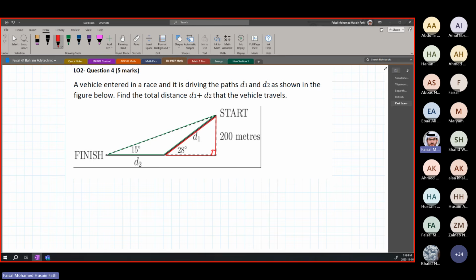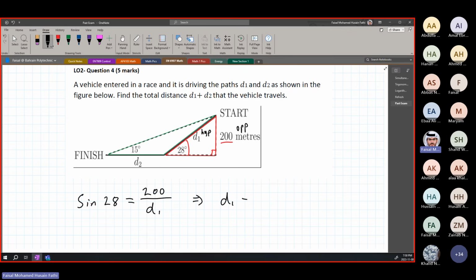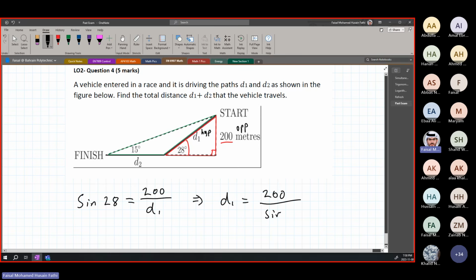What do we do? We have the 200 meters, which is one of our sides. The angle we have is 28 degrees. So we have 200, which is opposite, and D1, which is the hypotenuse. Opposite over hypotenuse means sin 28 is equal to opposite, 200, over the hypotenuse, D1. So D1 is just going to be equal to 200 over sin 28.